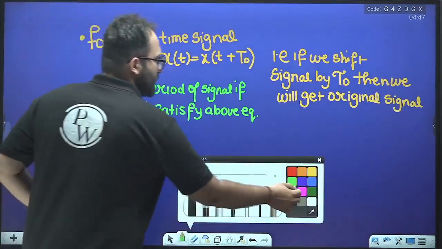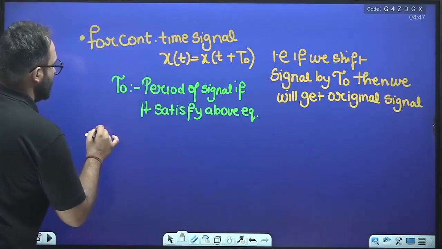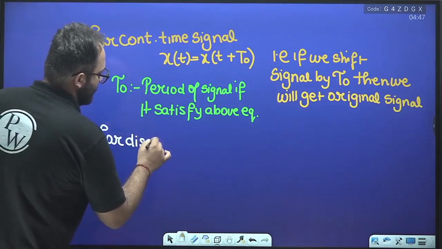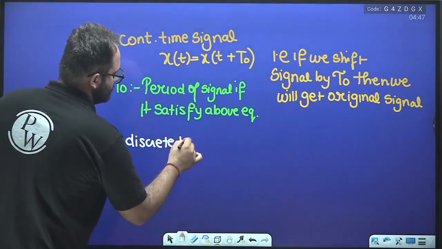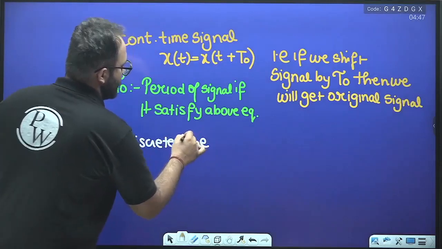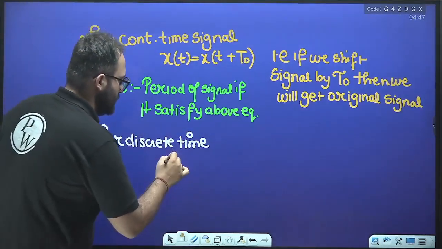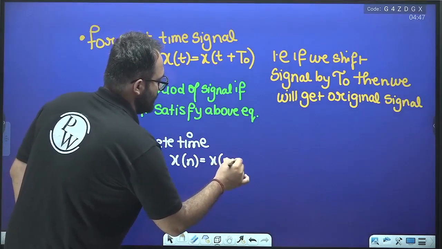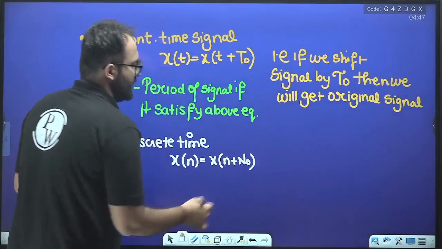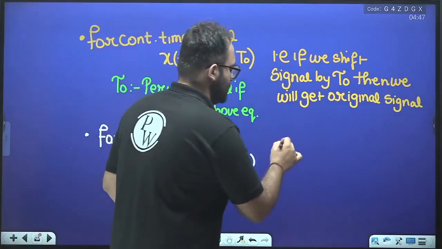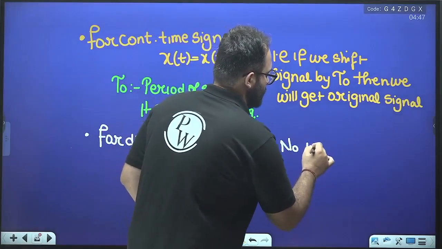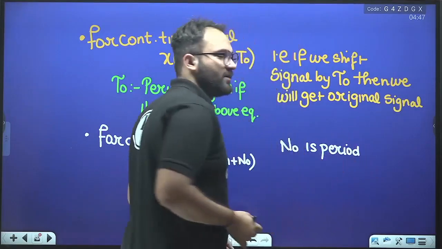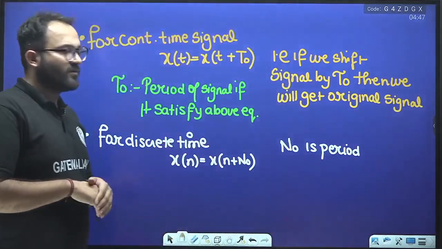But for the discrete time, the equation is almost similar: x of n plus n naught. Here n naught is the period of the signal.